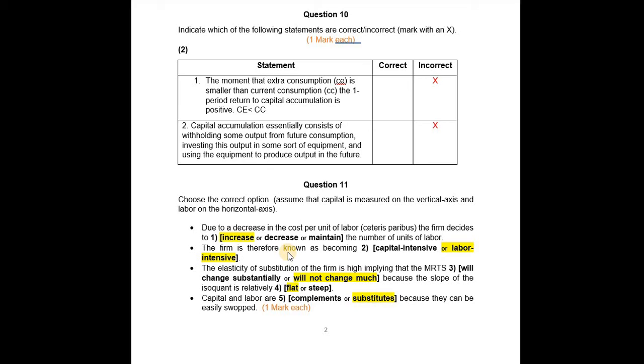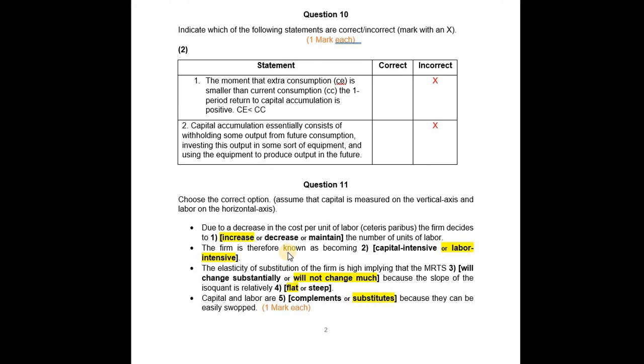Okay, here we have two inputs, which is capital and labor. So once the price or the cost of one input decreases, then the firm will employ more of that input.